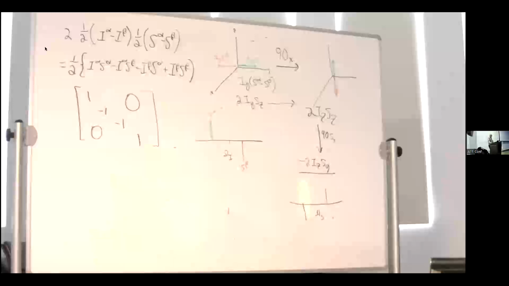A 180 pulse. Pulse along Y. Yes, Y will take X to minus X. What about minus Y? Also works. Okay, that's the easiest one.